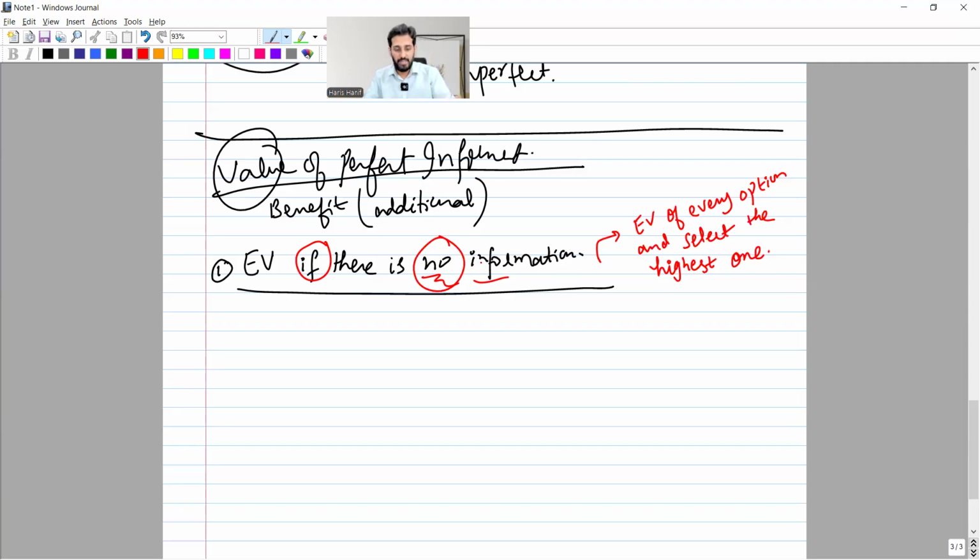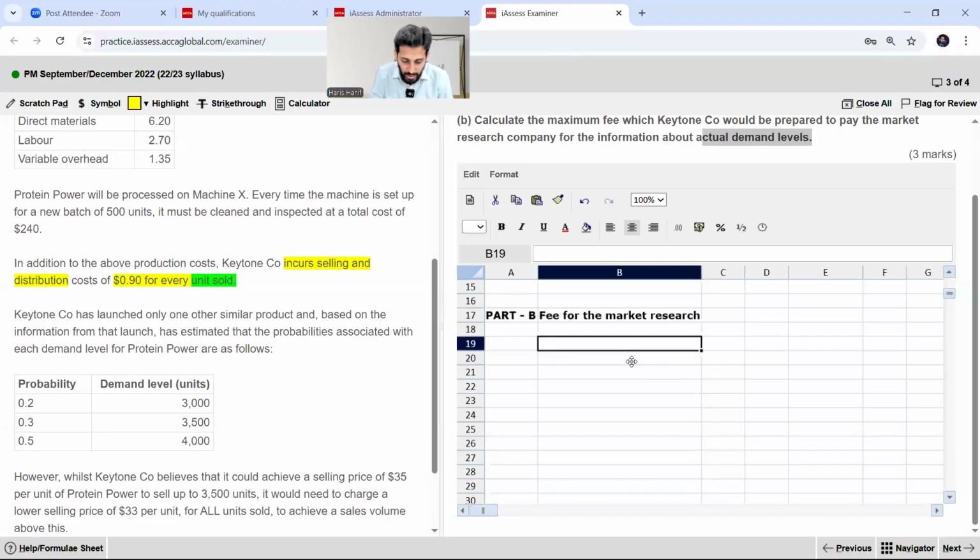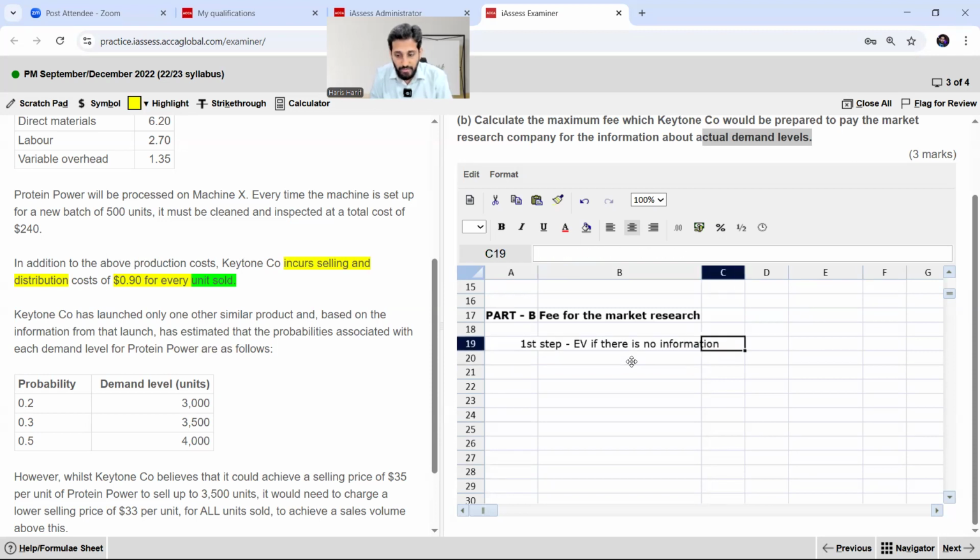This is the very first step, and I think we have got this. In the first step, EV if there is no information, I do not need to calculate it.